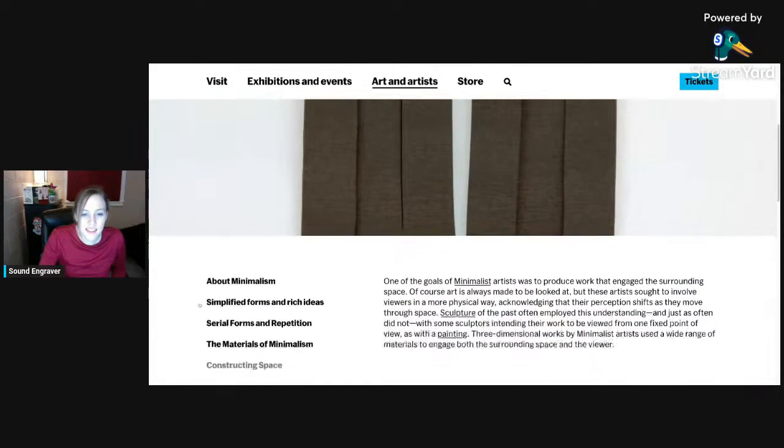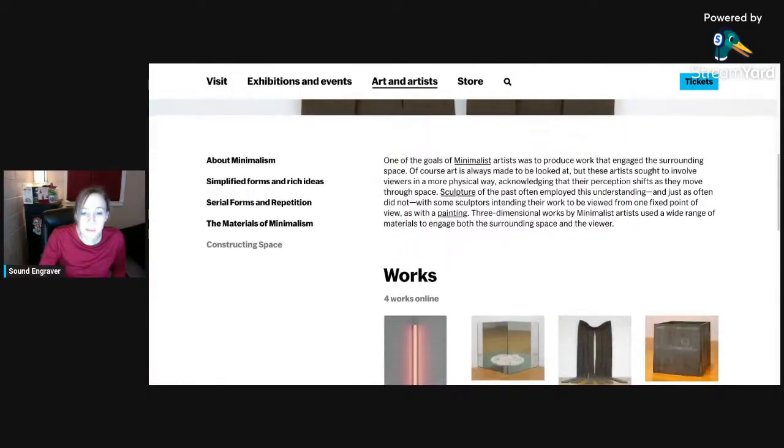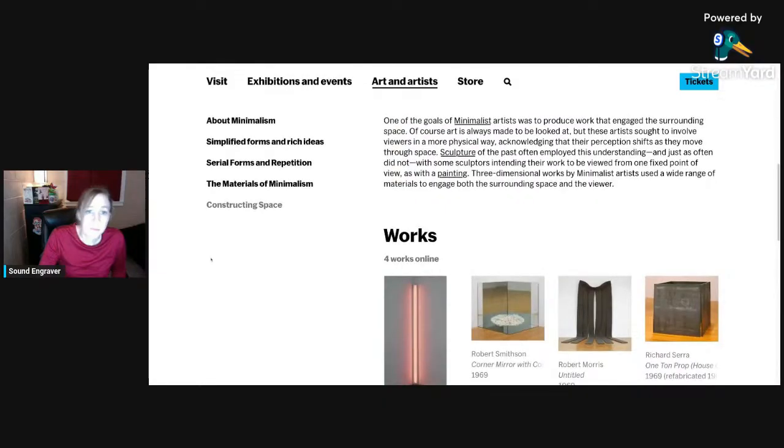Constructing space. So one of the goals of the minimalist artists was to produce work that engaged the surrounding space. So this is in opposition to art that is hung on the wall, or a sculpture that you need to be pretty much fixed at one point to behold. This is true of painting and so on.